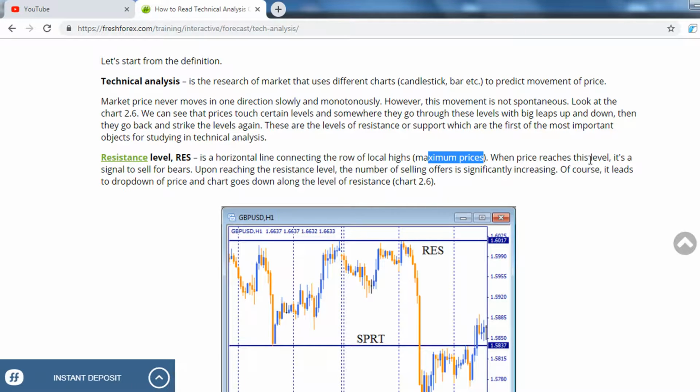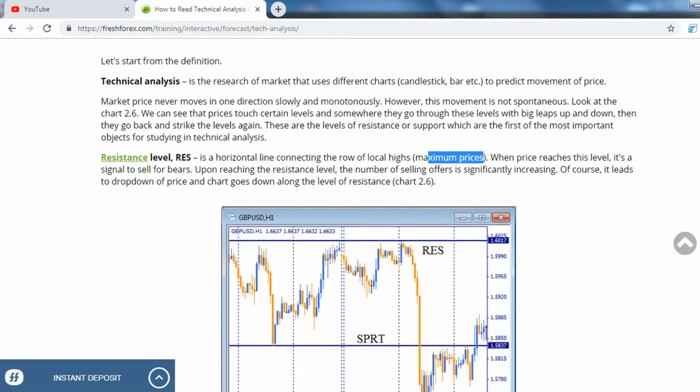When price reaches this level, it signals to sell for bears. Upon reaching the resistance level, the number of selling offers is significantly increasing. Of course, it leads to a drop of price, and the chart goes down along the level of resistance.